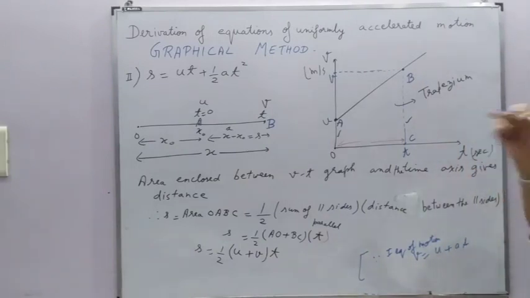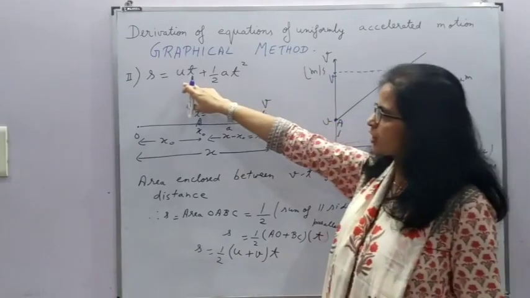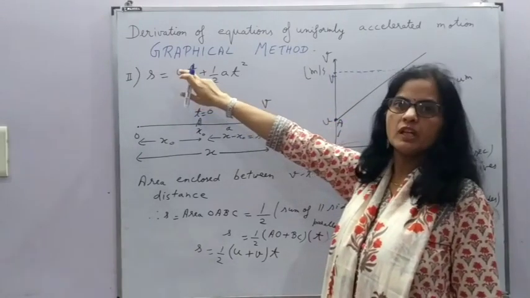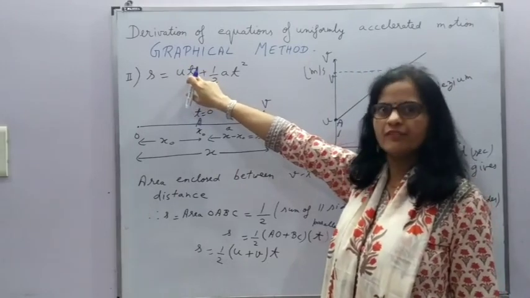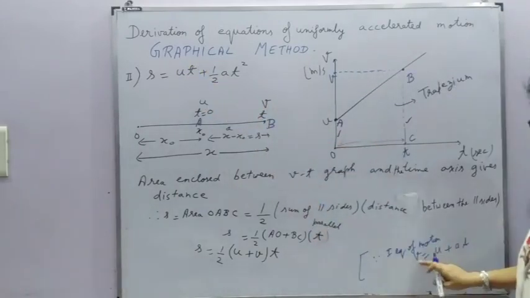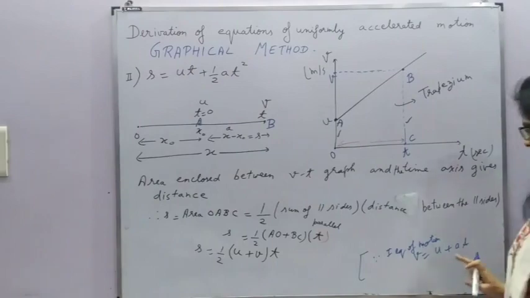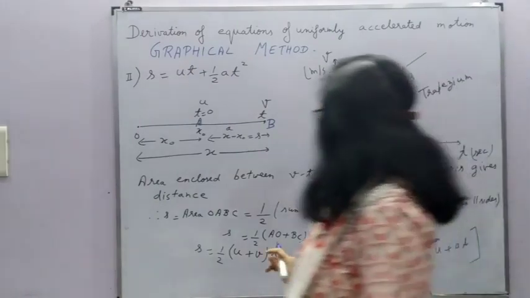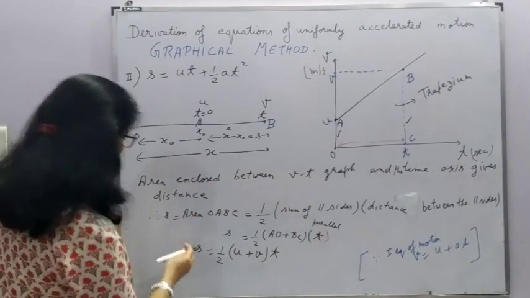Now in the second equation of motion, what do we need to eliminate? In our equation of motion, we don't have V. So we need to eliminate final velocity, right? So final velocity can be eliminated like this. We can directly put this value for V in this equation.